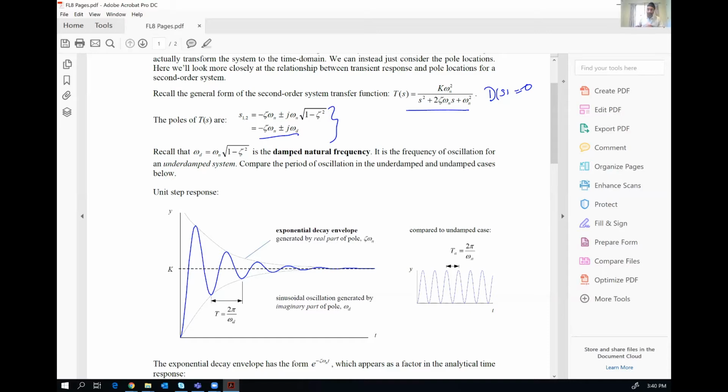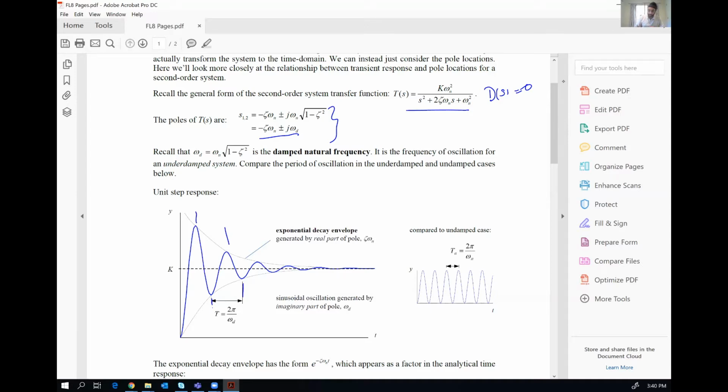So the damped natural frequency is basically, for the underdamped system, related to the time period of the oscillation. If I'm trying to find out the time period of the oscillation for the underdamped system, I can look at the time that it takes between two troughs or two peaks, and this time period is going to be equal to 2 pi divided by omega d.